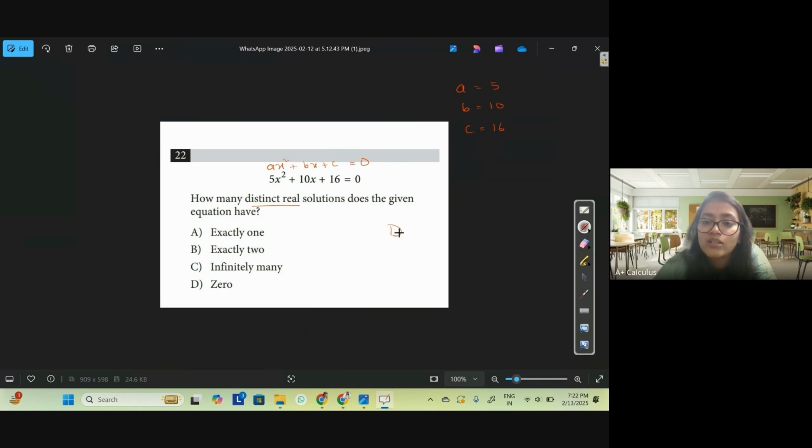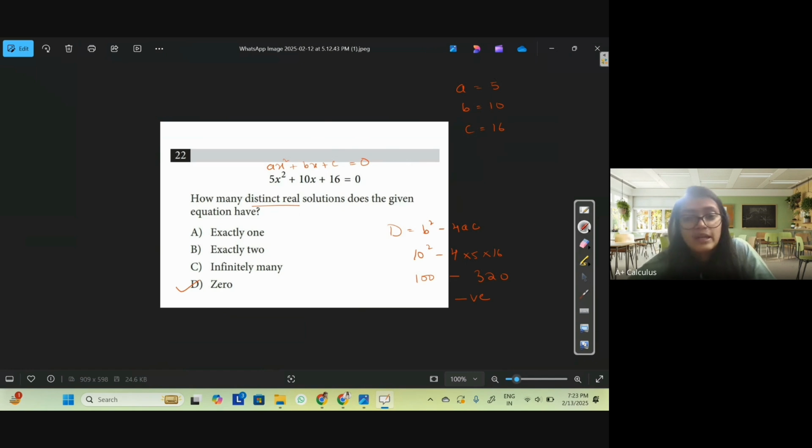You find out the discriminant, b squared minus 4ac. That gives you 10 squared minus 4 times 5 times 16. That's 100 minus 4 times 5 is 20, 20 times 16 will be 320. Now, 100 minus 320 will obviously be negative. So that means this equation will have zero distinct real solutions.